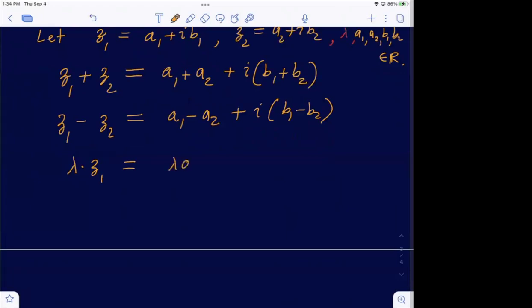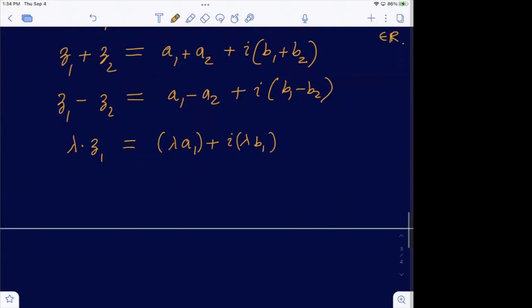It's going to be lambda times A1 plus i lambda times B1. In other words, it just multiplies the real part and the imaginary part separately.